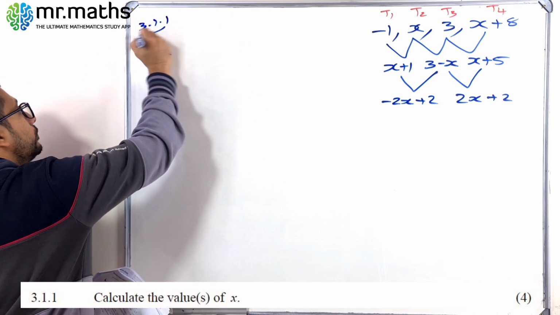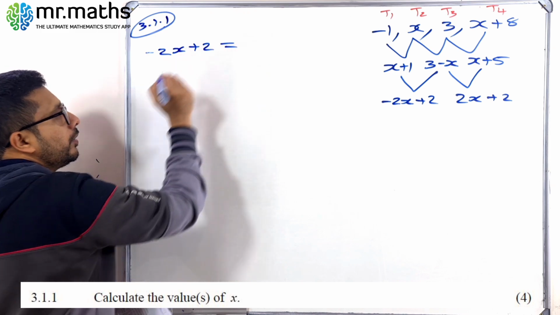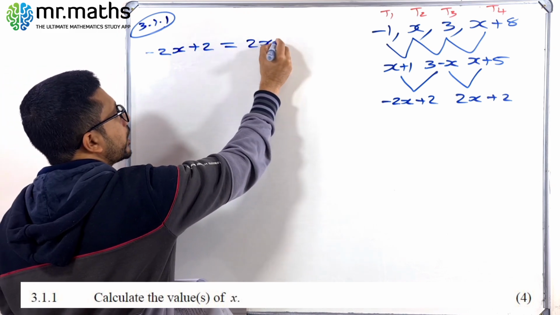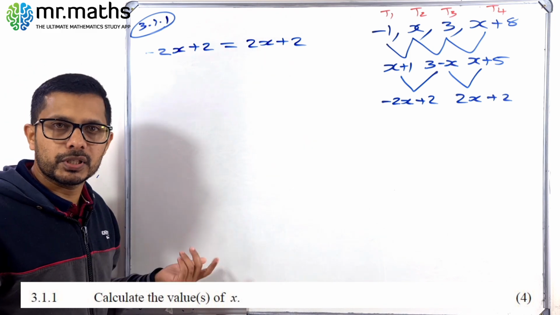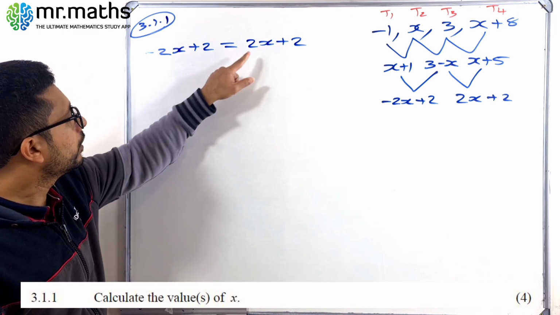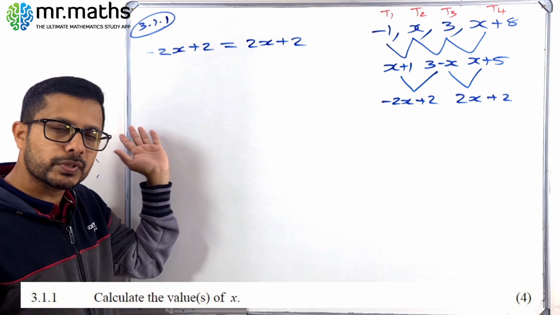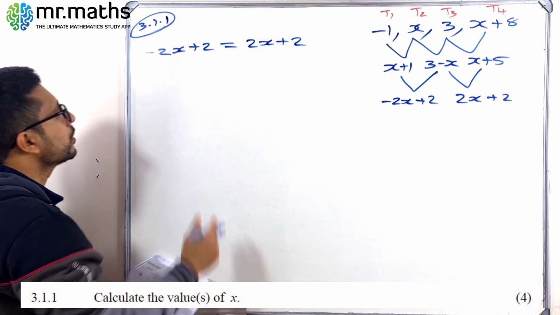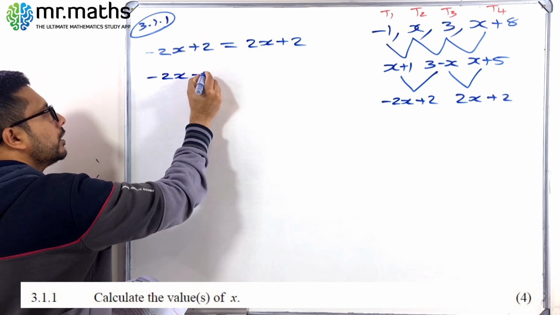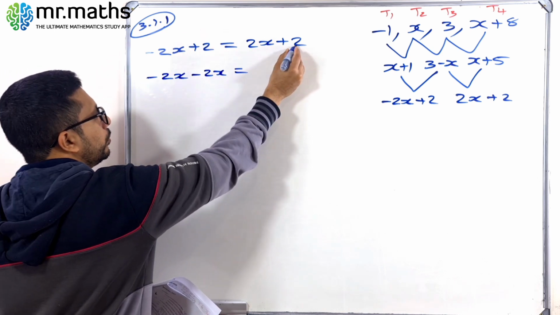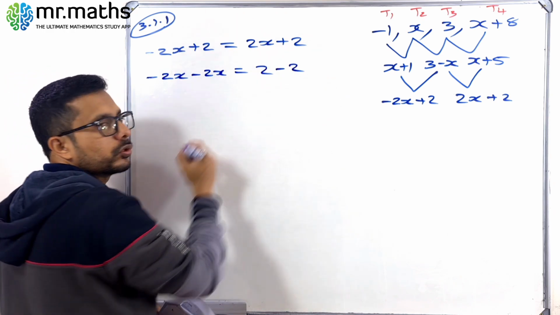So minus 2x plus 2 is equal to 2x plus 2, because in a quadratic sequence second differences are the same. Take this minus 2x to this side: all the x terms on the left side, all the numbers on the right side. So minus 2x minus 2x is minus 4x, and 2 minus 2 on the other side.